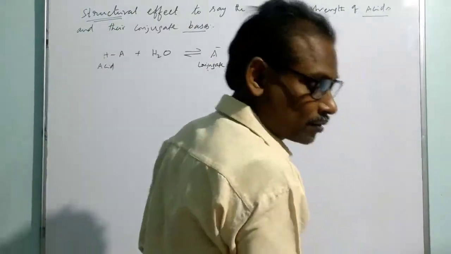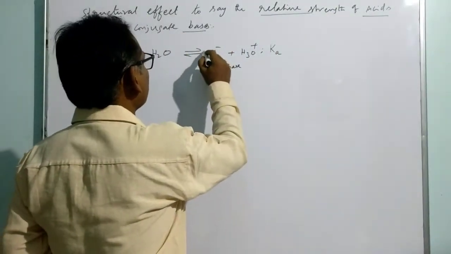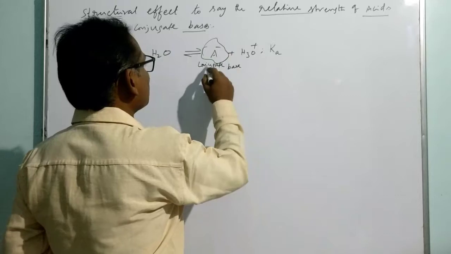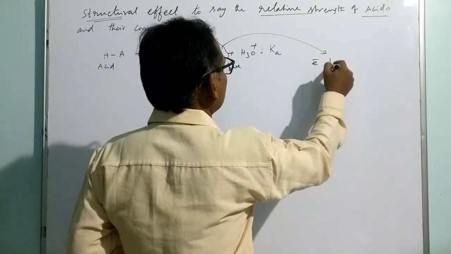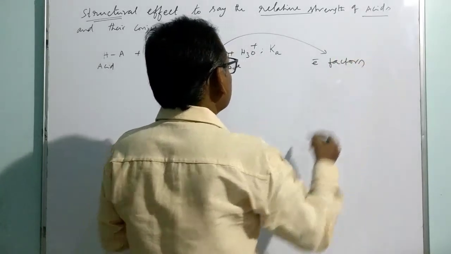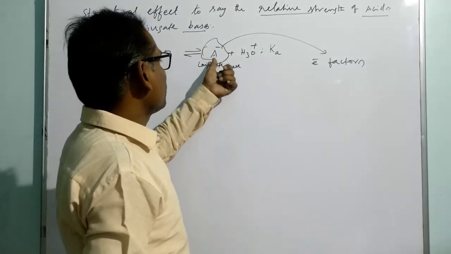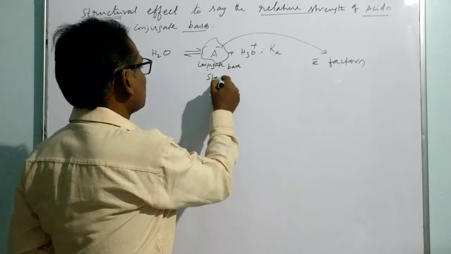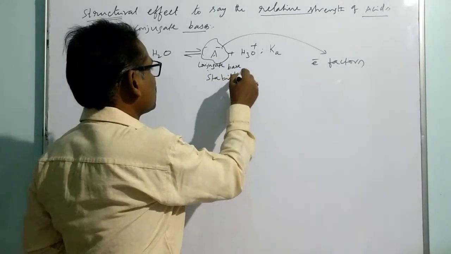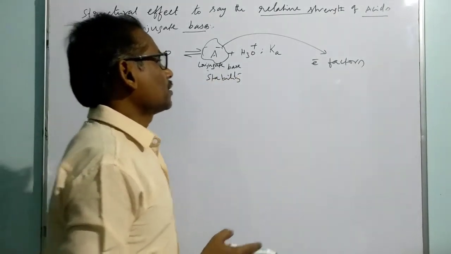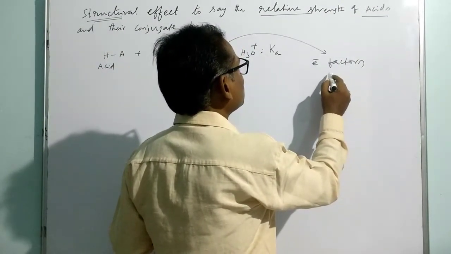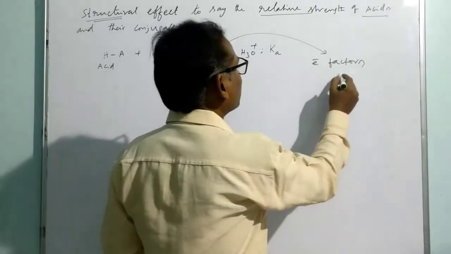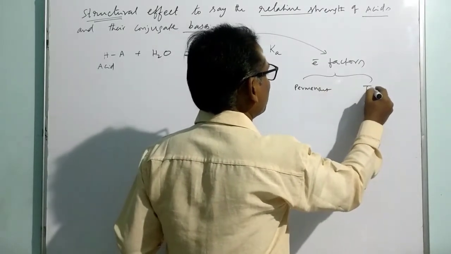The stability of its conjugate base is influenced by some electronic factors. So what are those electronic factors that determine the stability of this conjugate base? Normally the electronic factors are of two types: permanent and temporary.